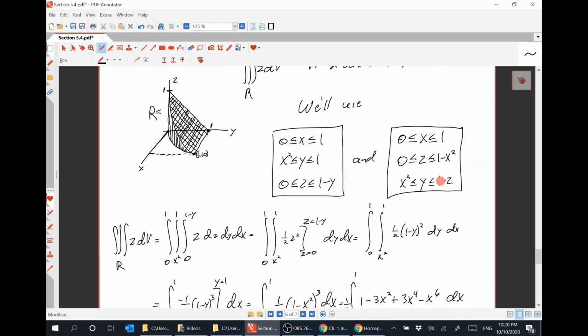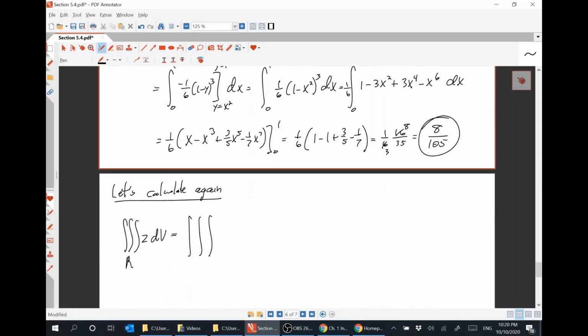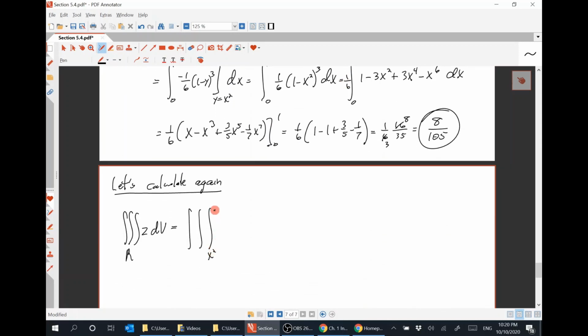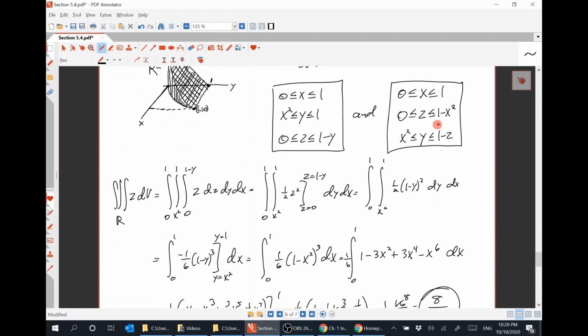So we have x squared to 1 minus z, 0 to 1 minus x squared, 0 to 1. z, and then this is dy, dz, dx. Right, going from bottom to top, dy, dz, dx.